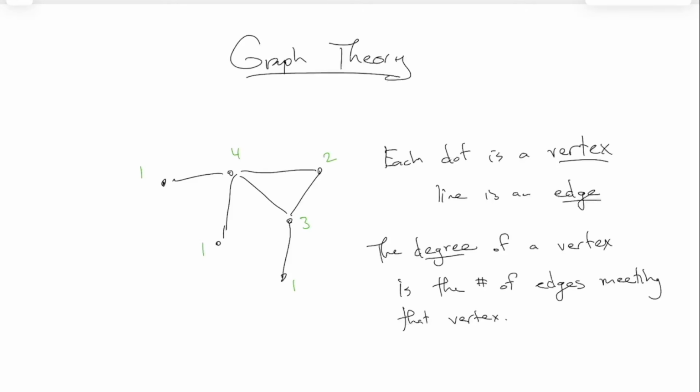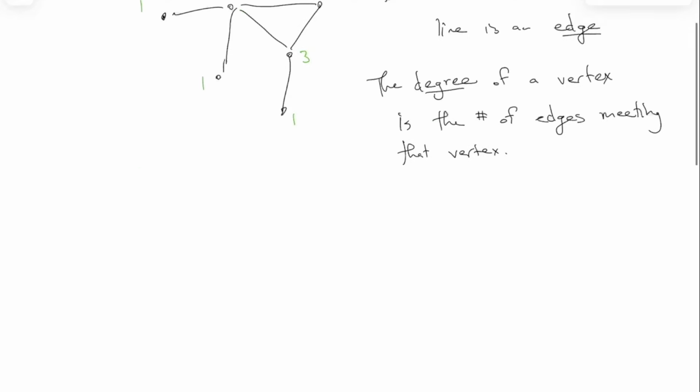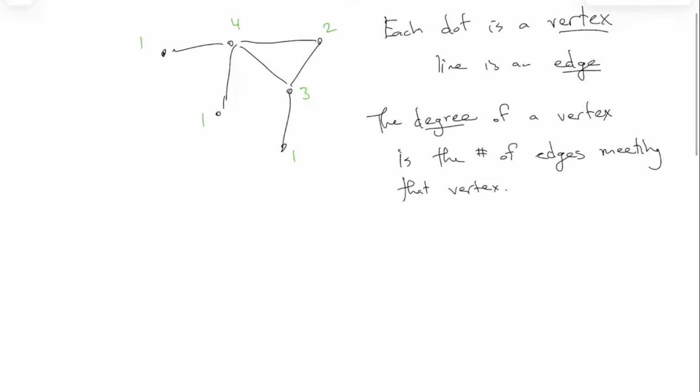And actually there were 2 more words that we talked about. One was a path. So a path is some sequence of vertices connected by edges.